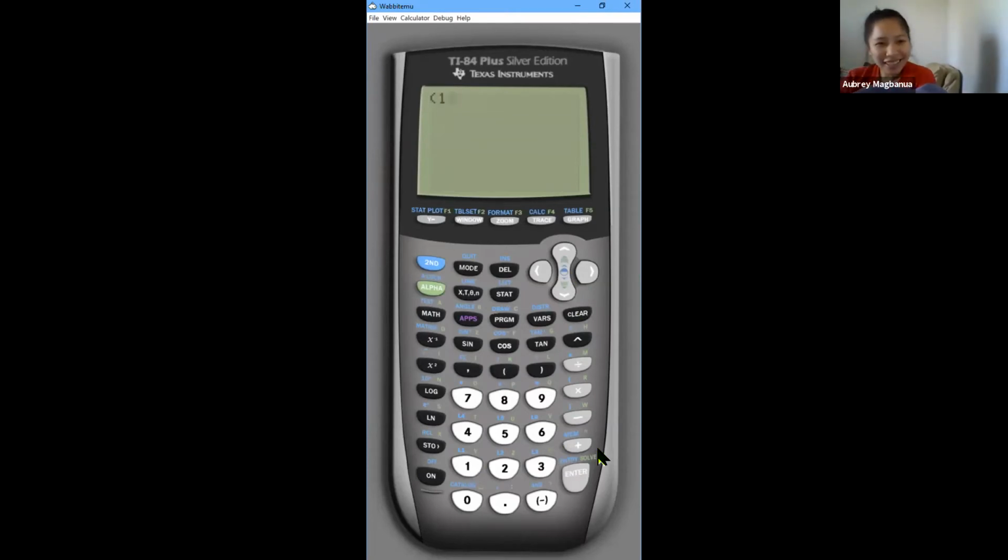Brackets 1 plus 0.04 divided by 12. I had 1.04. That makes a big difference, by the way. Raised to the power of, put a little bracket, 12 times 30. Close the bracket.